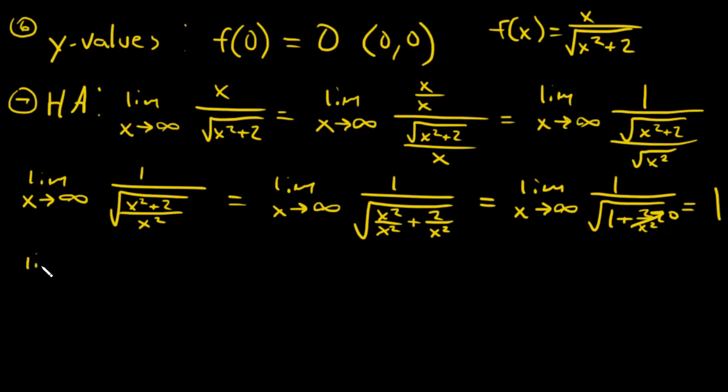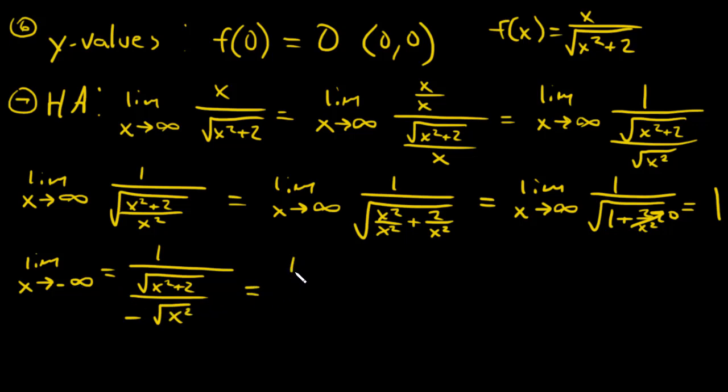Now I need to look at the limit as x approaches negative infinity. Everything's going to be exactly the same except for right here, because now I'm going to have a negative sign in front. So this is going to be 1 over root x squared plus 2 divided by negative root x squared, since I'm heading to negative infinity.